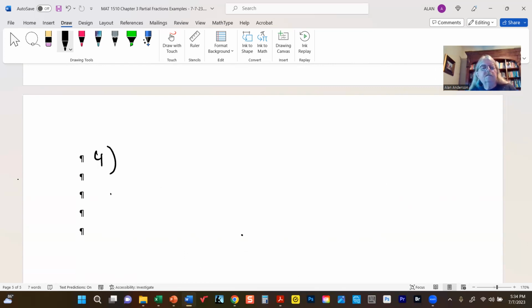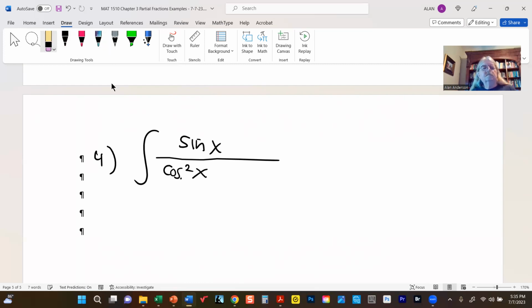So we have the integral of sine x over cosine squared x minus, sorry, plus cosine x minus 6.